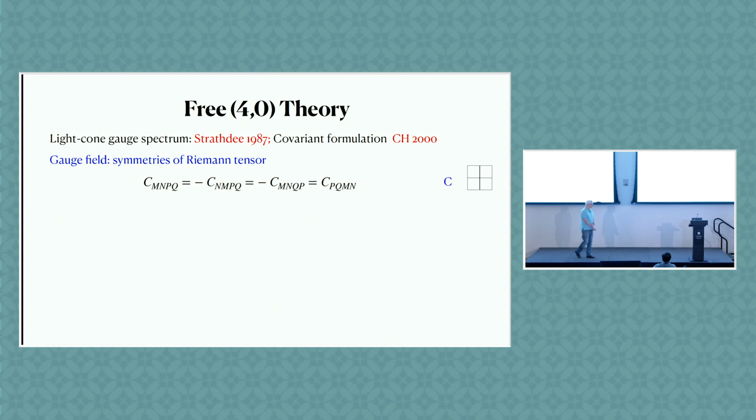So let me give a little bit of the details about how some of this works. I mentioned that the 4-index object has the symmetries of the Riemann tensor, so it's antisymmetric in pairs, and you can interchange the pairs, so it corresponds to this Young tableau.